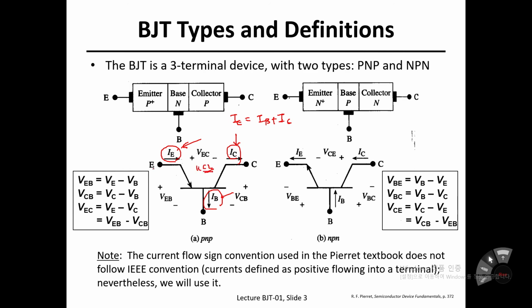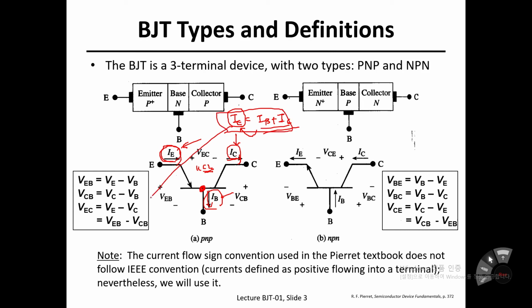The total amount of current input should be equal to the total amount of current output. So for this node, the input current is I sub E, emitter current, and we have two different output currents, IB and IC. So the sum of those two output currents should be equal to the input current, which is I sub E. Okay, so remember this one.